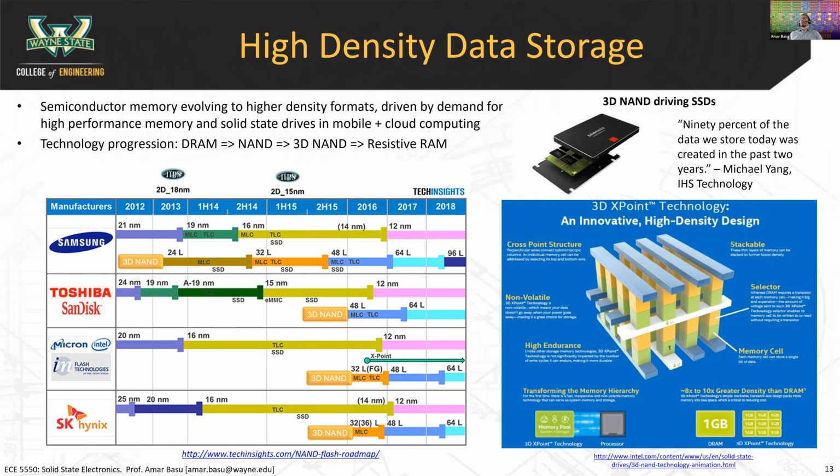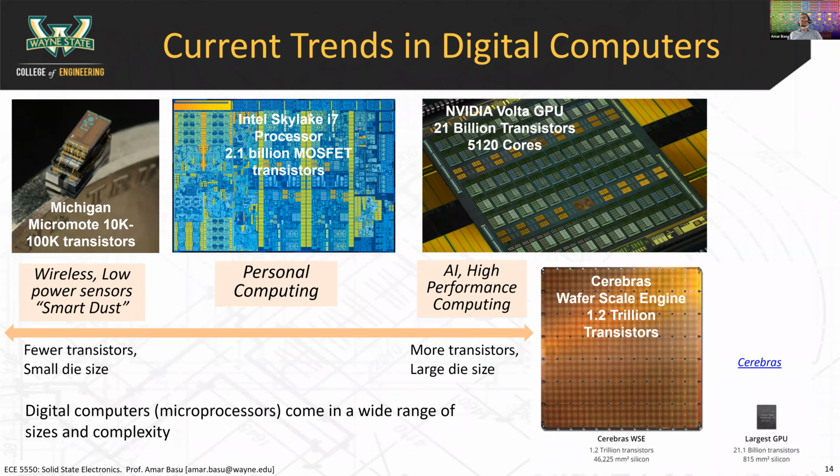Okay. Lastly, we ended up with the trends in digital computers going in the opposite directions. So there are some types of computer chips which are going to more and more transistors. In the case of the NVIDIA Volta GPU and the Cerebras wafer scale engine, going up to 1.2 trillion transistors for doing massive amounts of compute. And on the other end of things, we have the chips themselves becoming smaller because you're using fewer transistors.